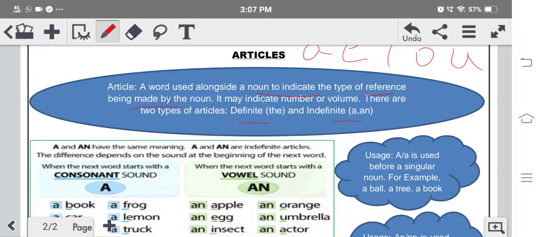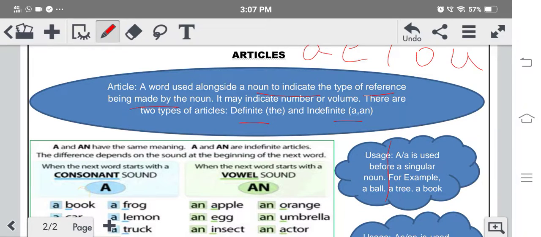Apple is A. Apple is a word starting with the alphabet A, and we use an before apple. And as I've told you, honest, H is silent and the sound that comes out is O, which is again a vowel. So an honest man, an apple.